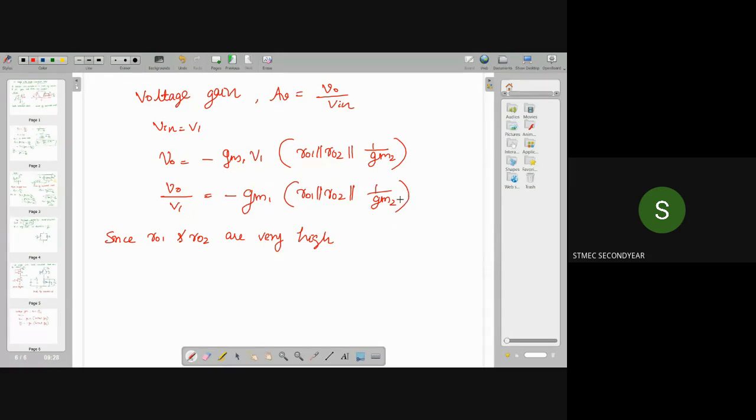So it will be almost equal to 1 by GM2. So we can neglect the effect of R01 and R02, and the gain can be written as minus GM1 into 1 by GM2.